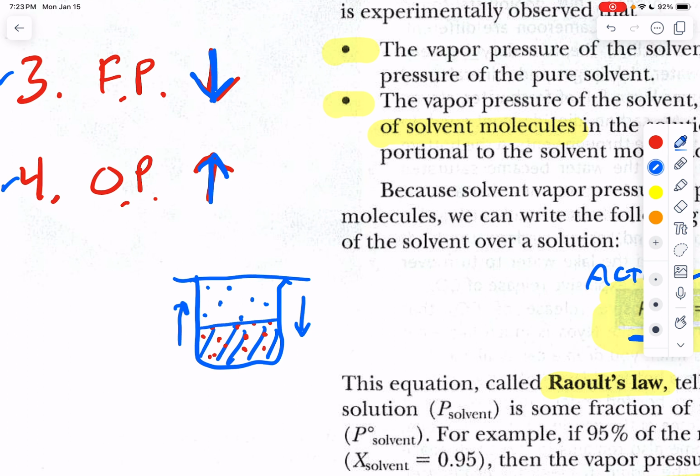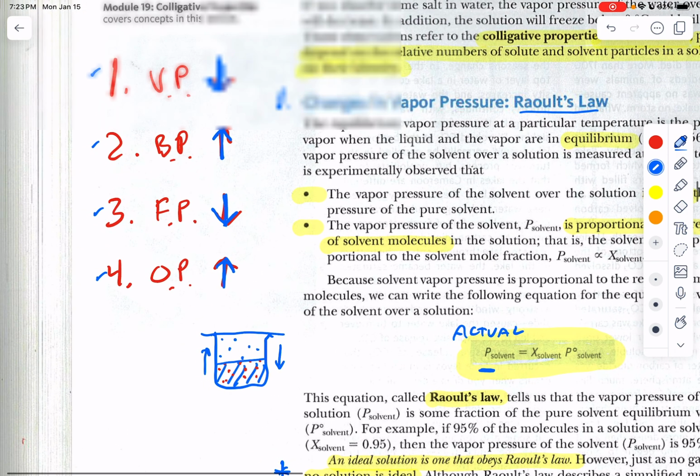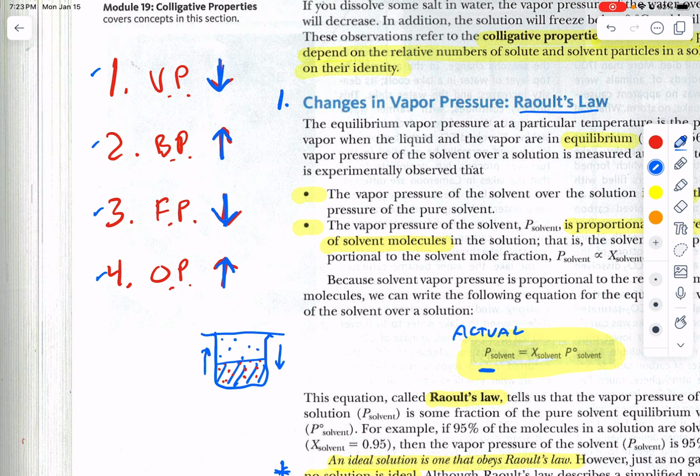You won't have quite as much solvent that will evaporate, and so your pressure is going to go down. The vapor pressure goes down because not as much solvent can evaporate because there are solute particles interfering with that process.